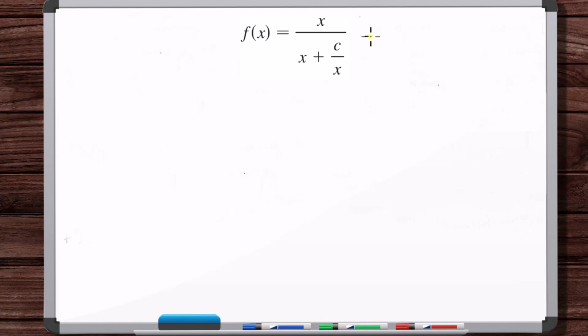Okay, so we can write this as x plus cx to the minus 1. Okay. Now let's use the quotient rule.